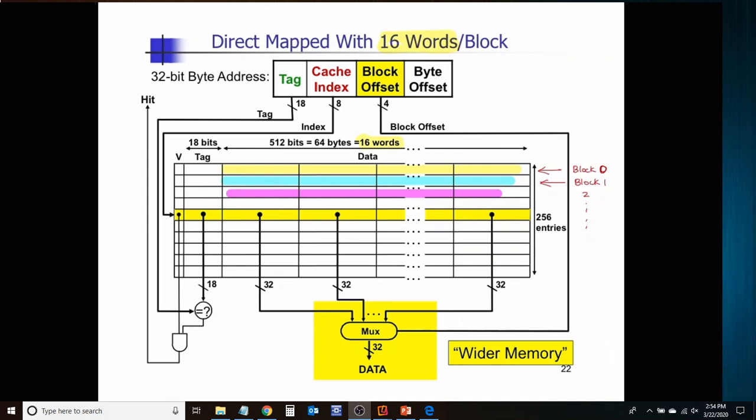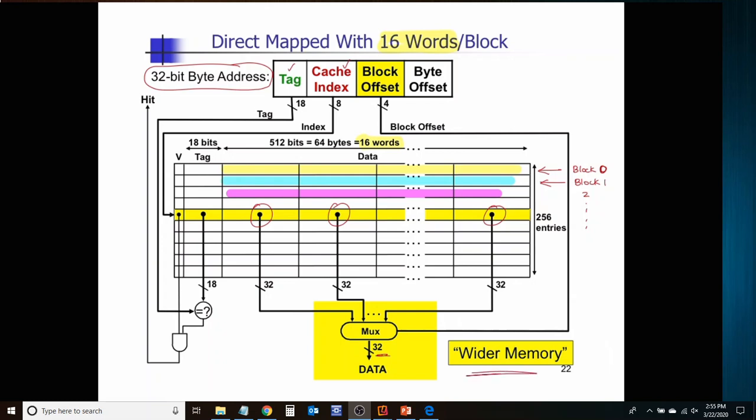So what would be the block offset? Now the 32-bit byte address has the tag bits as before, cache index as before, but it also has a block offset field so that we can select one from the 16 words, because eventually we will need a 32-bit word.